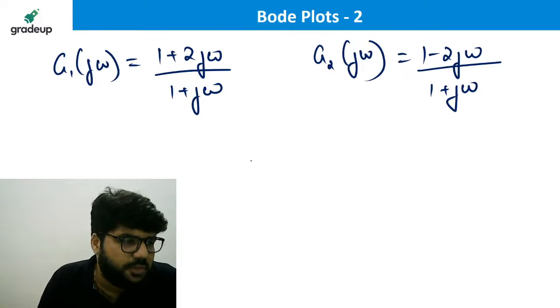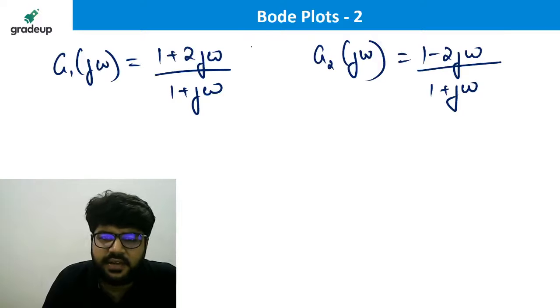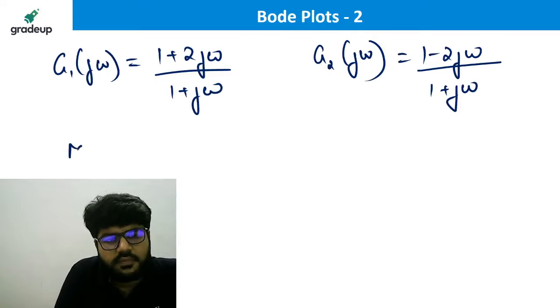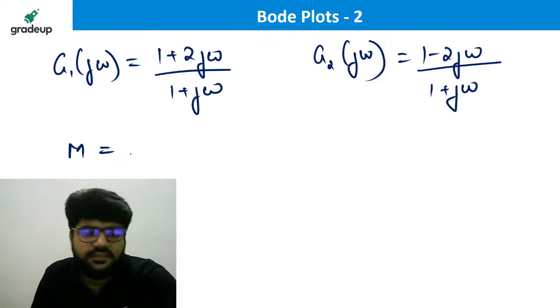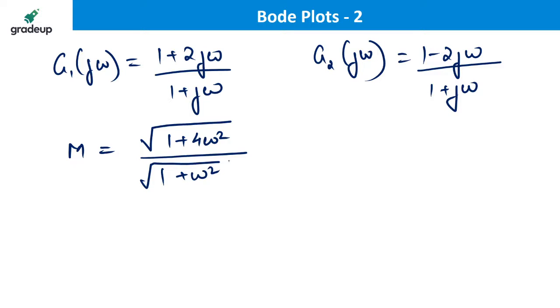So in the complex form, it is a difference of conjugate. This is x plus jy and this is x minus jy. What is the magnitude of this? Root over 1 plus 4 omega square divided by root over 1 plus omega square.